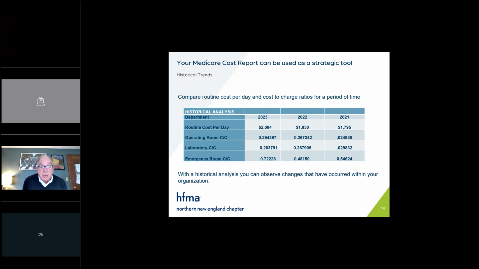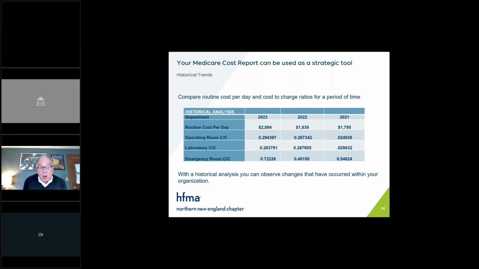And then you can take those costs per day, the cost to charge ratios, and then you can start to develop some trending, okay? And look to see whether or not the routine costs per day are going down or are they going up.